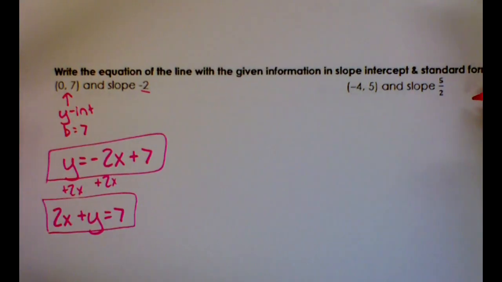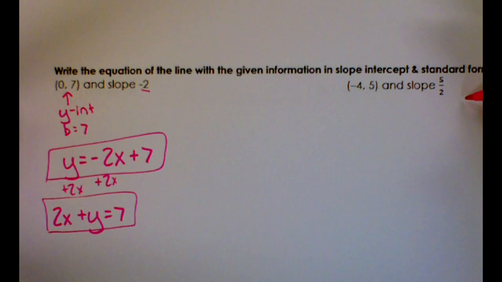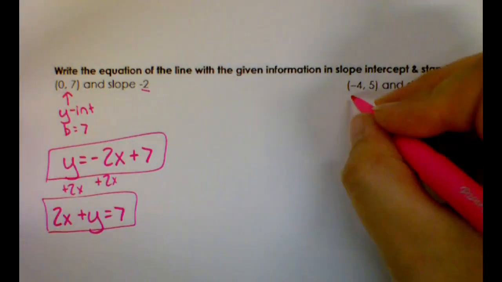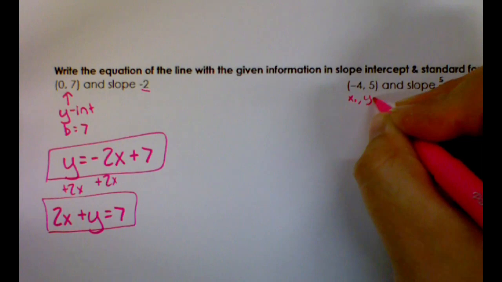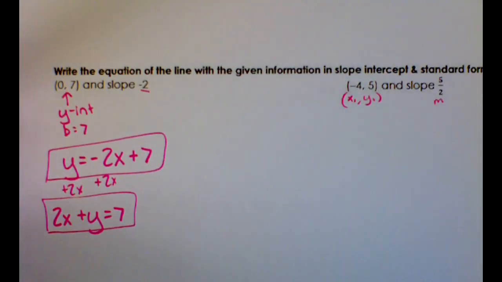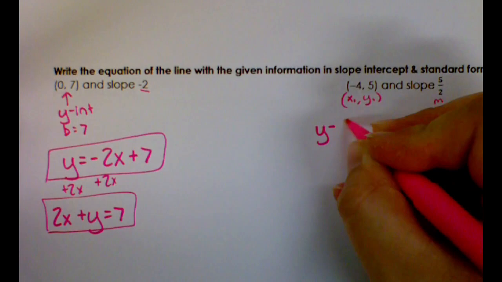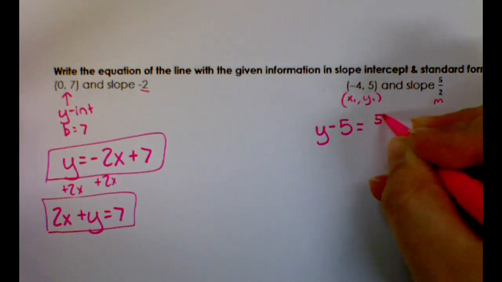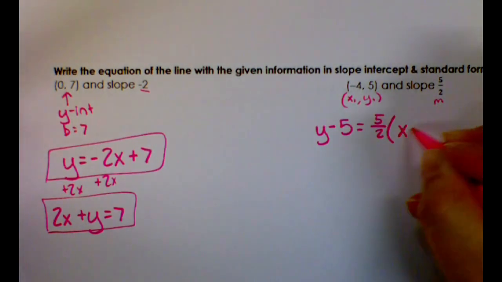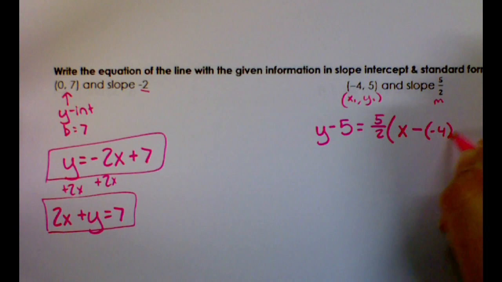The next one, we have the point (negative 4, 5) and a slope of 5 over 2. Well, we have m. This is just some point, meaning x1, y1. I personally like to go to point slope form first. Y minus y1 equals m times x minus x1.